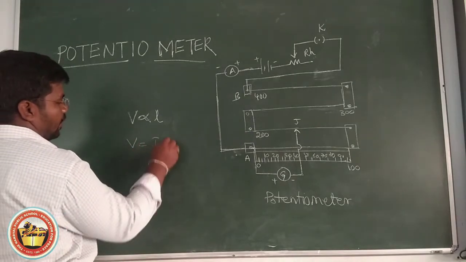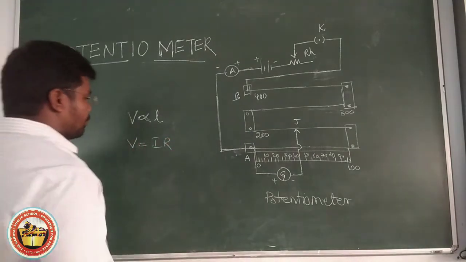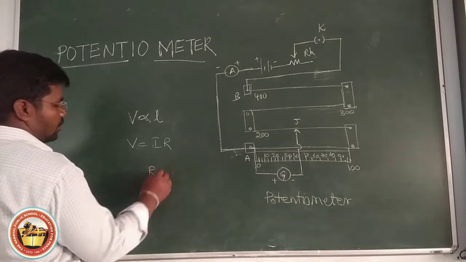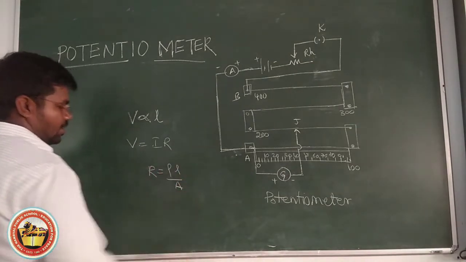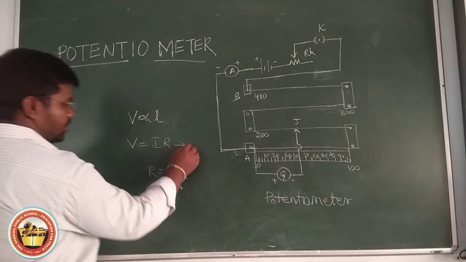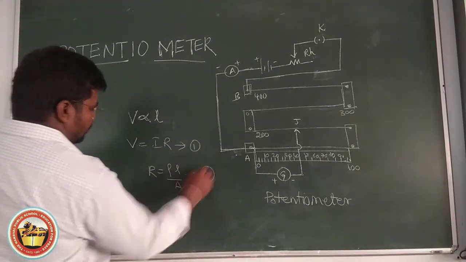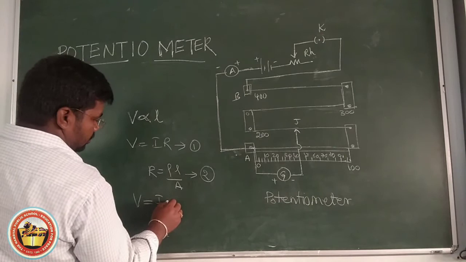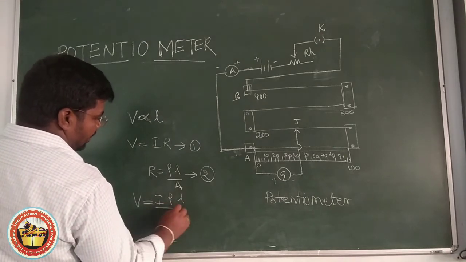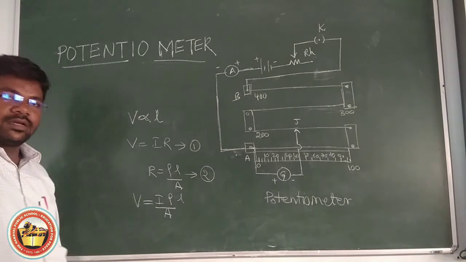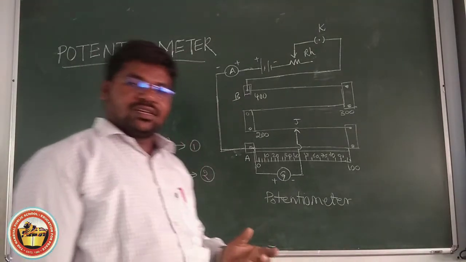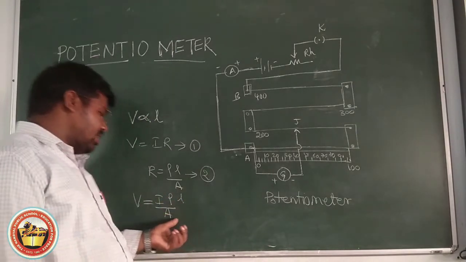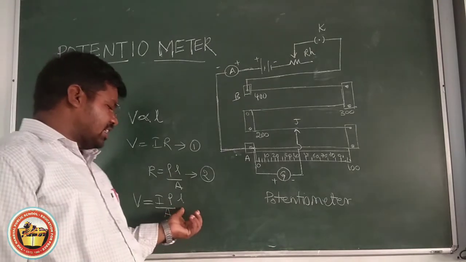According to Ohm's law, V is equal to IR. Then according to specific resistance, R is equal to rho L by A. By using these two equations, we get V is equal to I into rho into L divided by A. In this circuit we send constant current and the wire has uniform cross-section area and the same specific resistance.